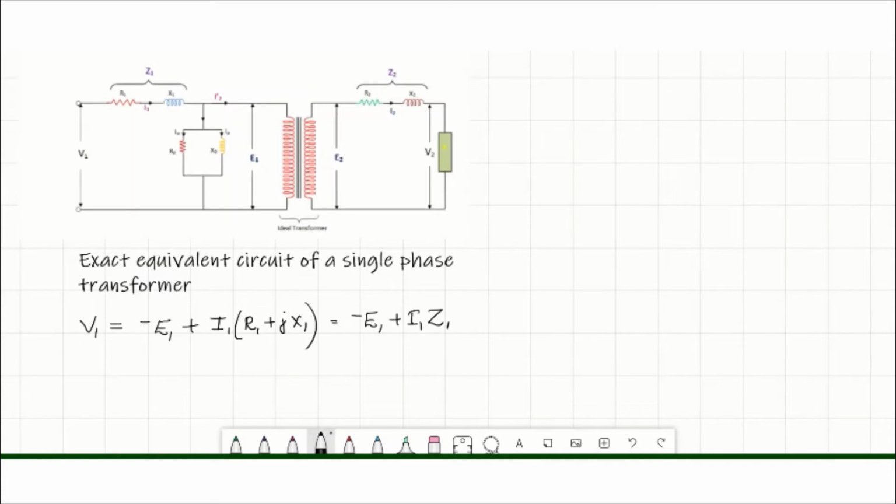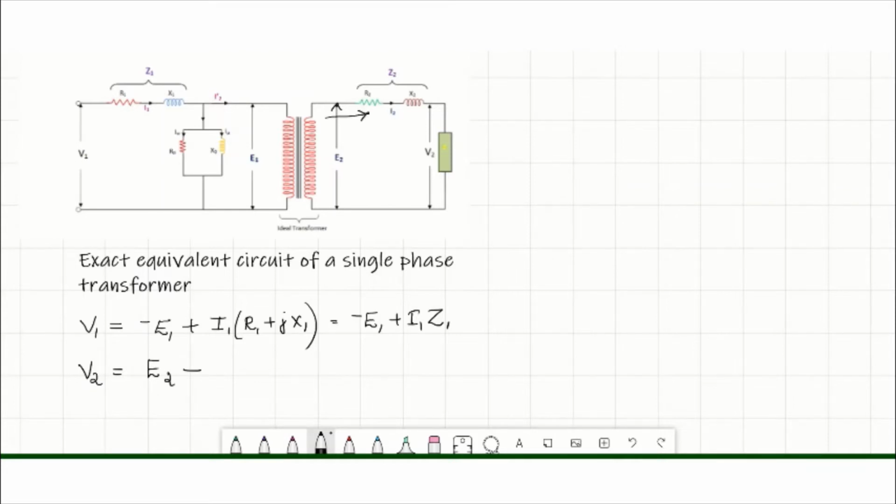Then coming to the secondary side, from the exact equivalent circuit, it is clear that V2 is equal to induced EMF in secondary E2 minus voltage drop, current flows in this direction.